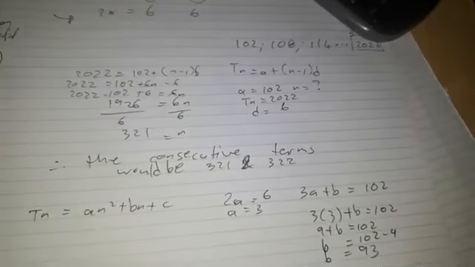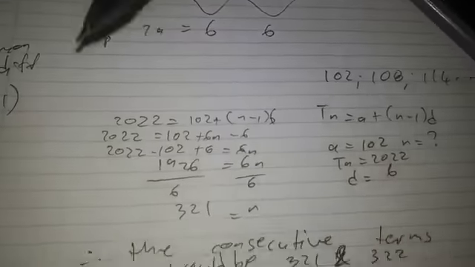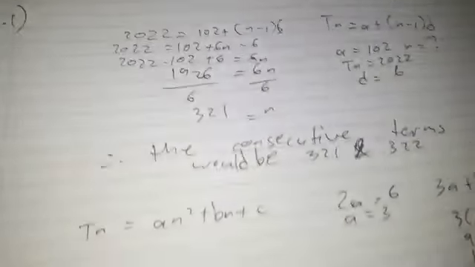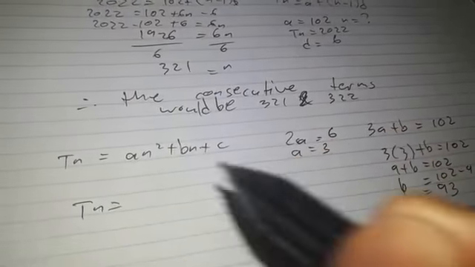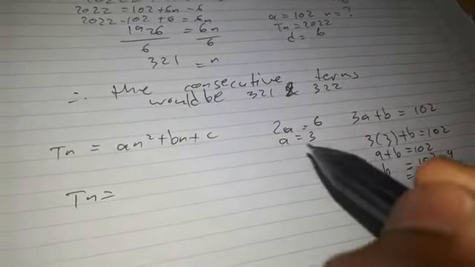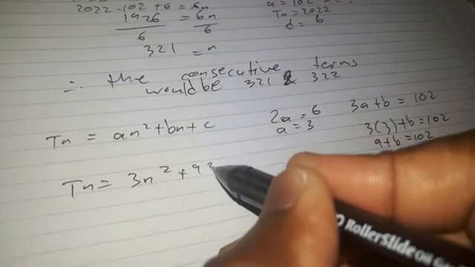Luckily for us, to get our value for c, I don't think we need to use this. We can just use our formula, because look, Tn, we know a is 3, so this is 3n squared plus 93n plus c. Now the good news is, they gave us a value in the sequence.